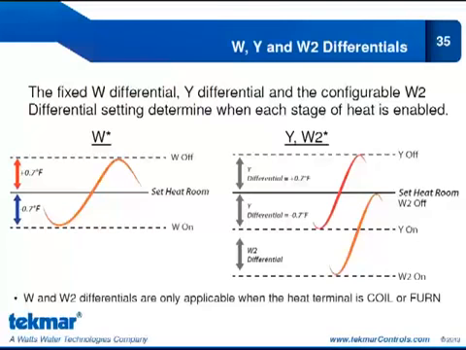So in this case, I'll refer you back to the application where we had the 3 stages of heat with the electric strip backup. Remember how I set W2 to furnace? The reason I did that was because I wanted access to this W2 differential. If I set it to other, I would not have access to configure the W2 differential.